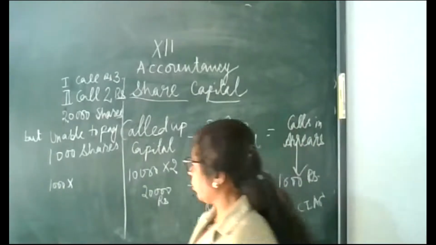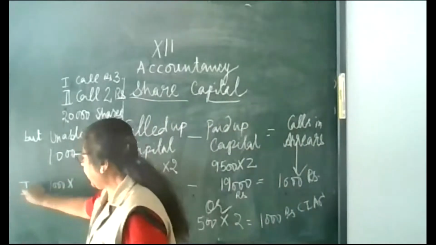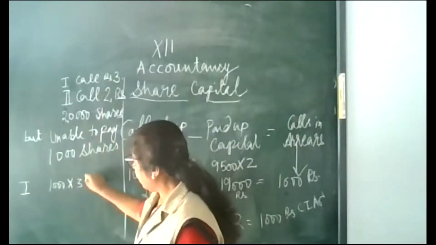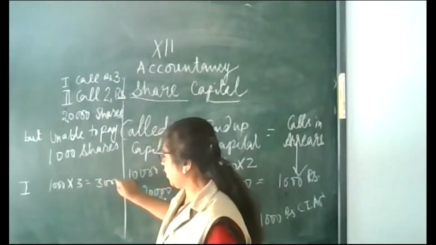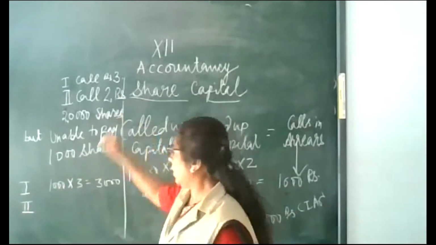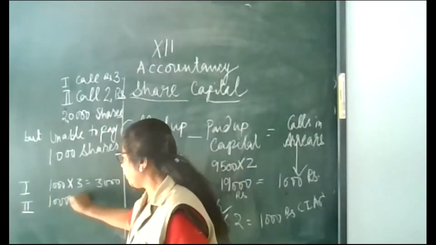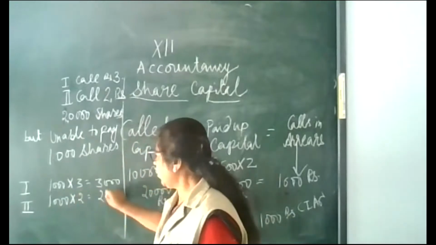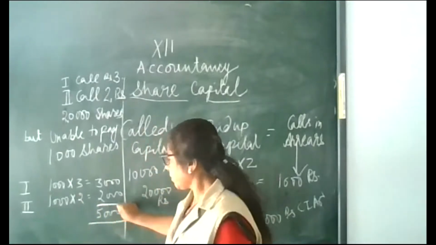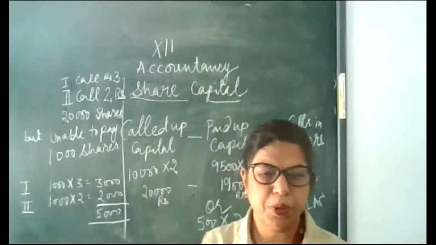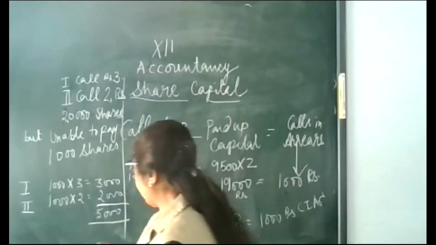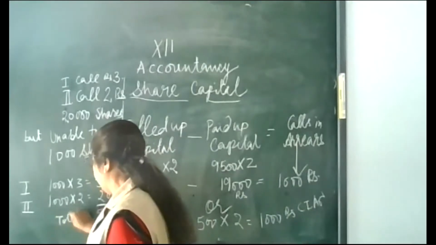Arrears on first call. 1,000 into 3, that will be 3,000 rupees. Then arrears on second call, 1,000 into 2, that is 2,000. It means the total arrears will be 5,000. So it will be easier for you. You can calculate the total arrears.